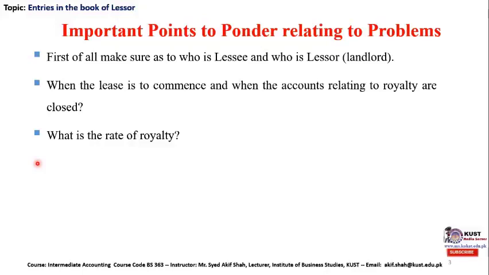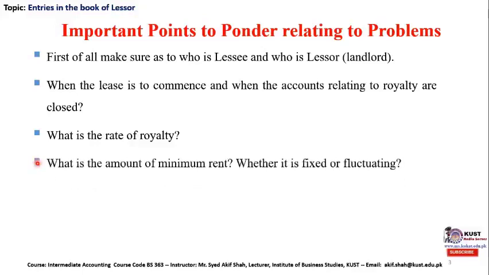This ₹2 per tonnage of coal extraction is known as the rate of royalty. Now, whatever number of tonnage the lessee is going to extract from the mine, the royalty fee shall be charged according to the output of units.